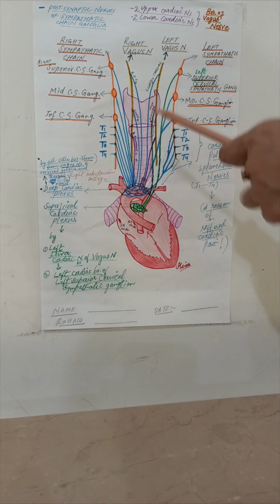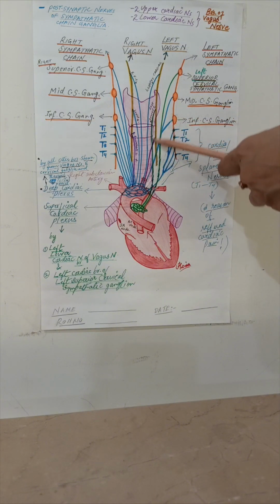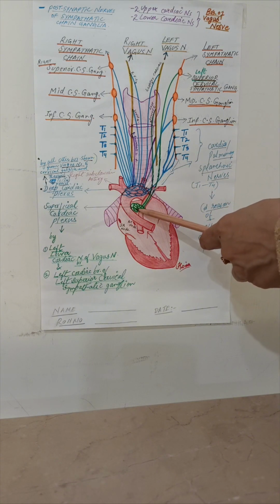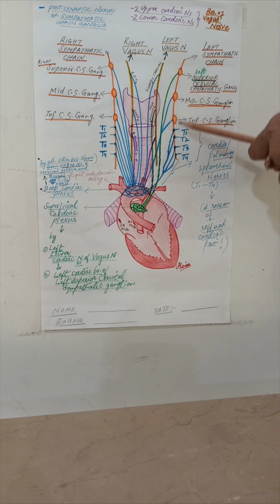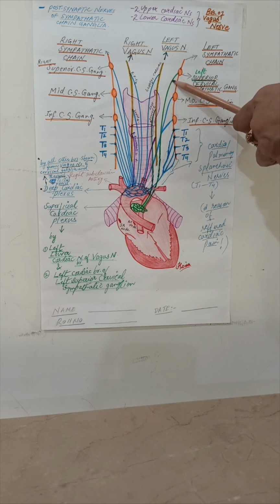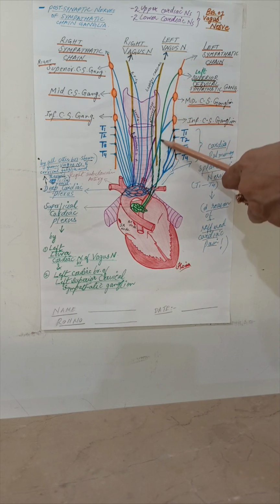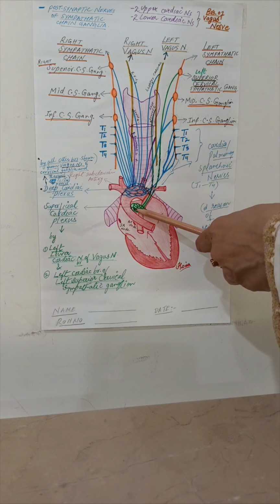Okay, now from the left side, the lower left cardiac branch, shown in green, takes part in the formation of the superficial cardiac plexus. Now concentrate on the left sympathetic chain. There is a branch marked in green starting from the left superior cervical sympathetic ganglia, running downwards and taking part in the formation of the superficial cardiac plexus.